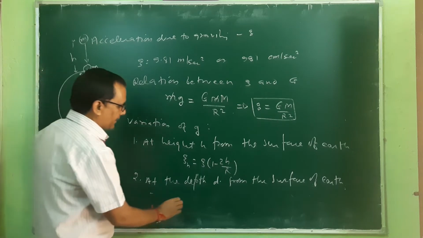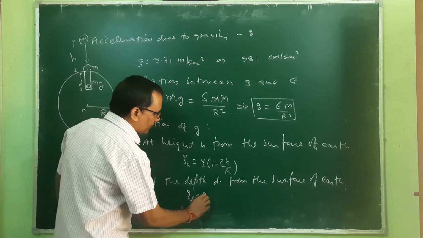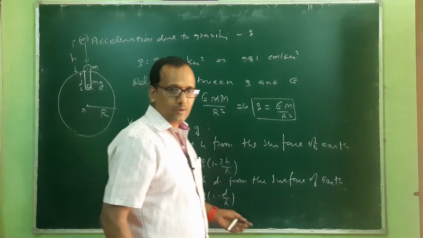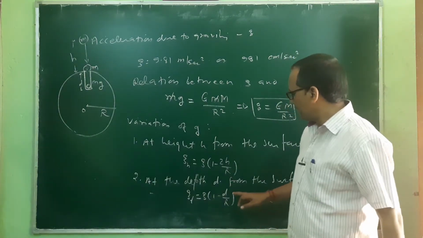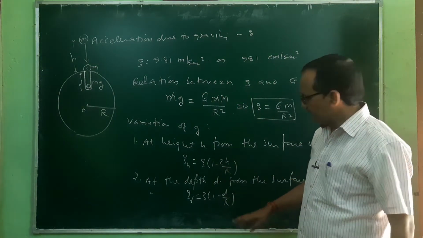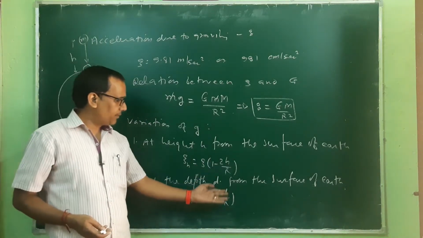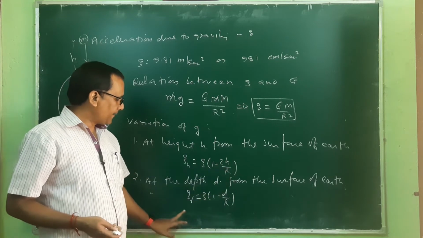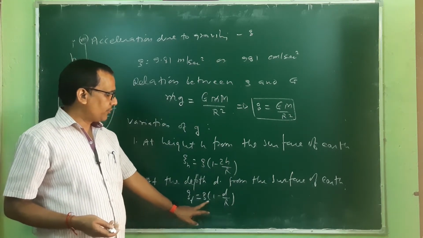So this can be written as g d, it is equivalent to g times 1 minus d by R. So whatever notations I have used in the last class, I think I have written h in place of d, so just to distinguish these two, use d in place of h. So g h is equal to g times 1 minus 2h by R, and g d, that is inside at the depth d, is equal to g times 1 minus d by R.